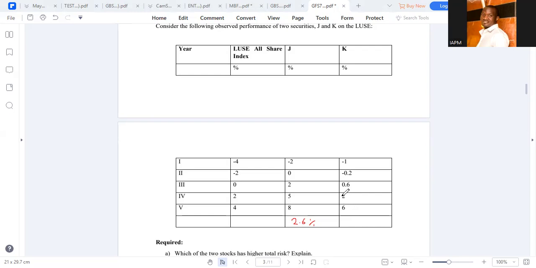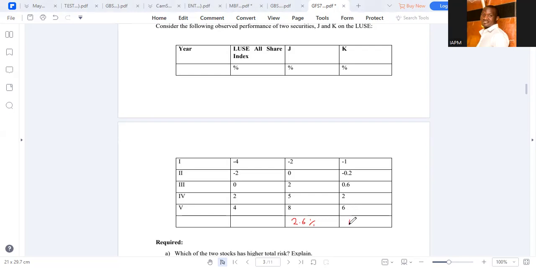So this is 8.6 minus 1.2, that is 7.4 divided by 5. We get 1.48.